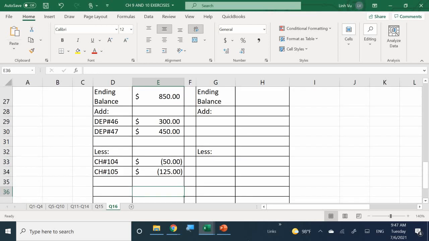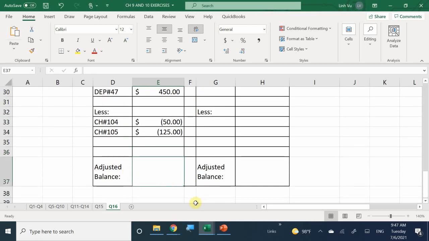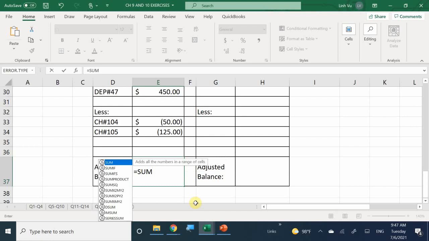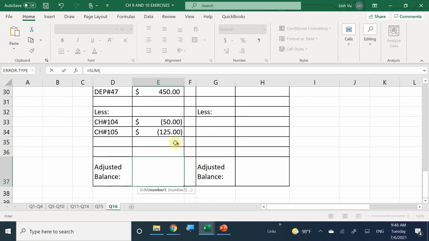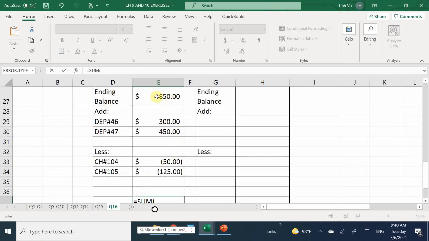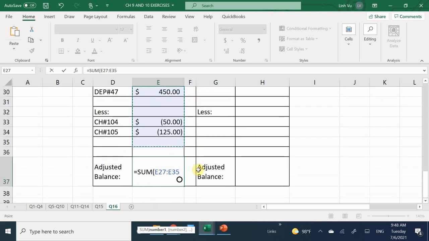Okay. So in this case, let's go ahead and solve for my adjusted balance amount, my ending balance. What should it be now? Okay. If I started in my bank account with 850, I'm adding 300 plus 450, subtracting 50 and 125. What should be my ending adjusted balance?